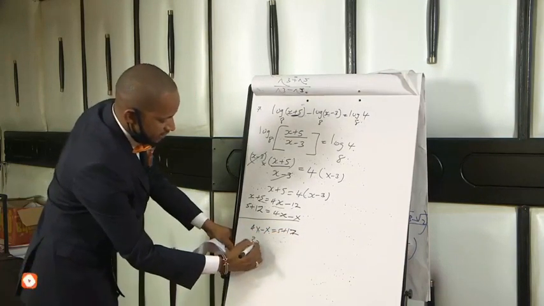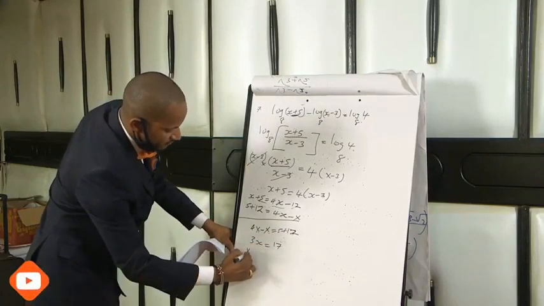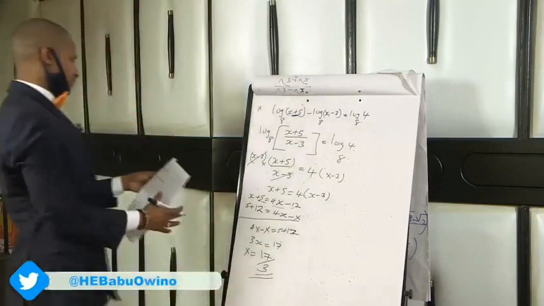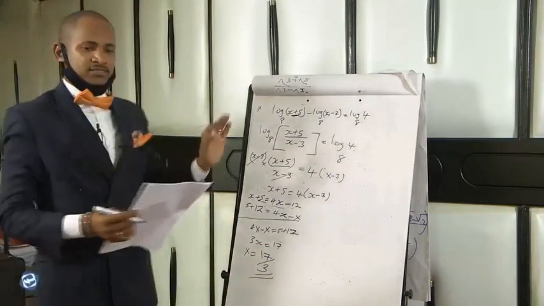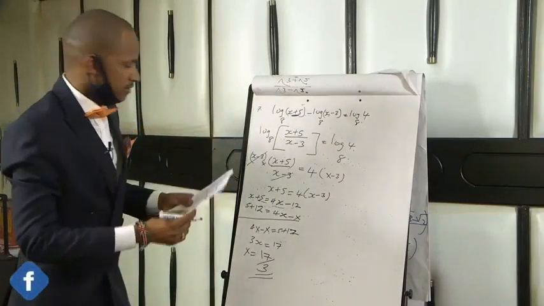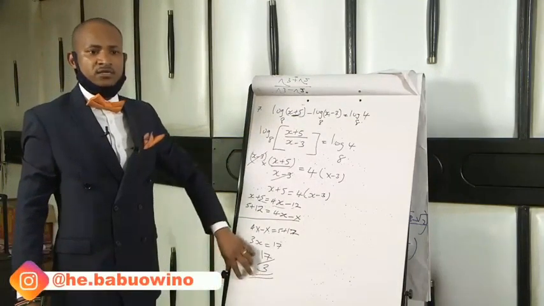So 4x minus x is 3x equals 5 plus 12 is 17. Therefore, x is equal to 17 divided by 3. That is the value of x. We finished it because they wanted us to solve it without using a calculator. So the value of x from this equation is 17 over 3.